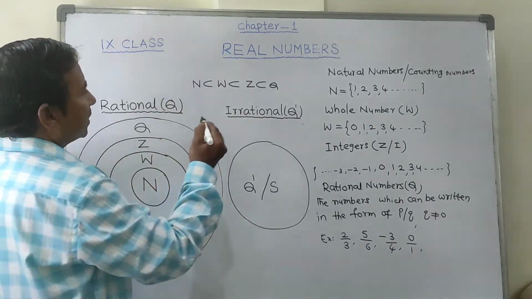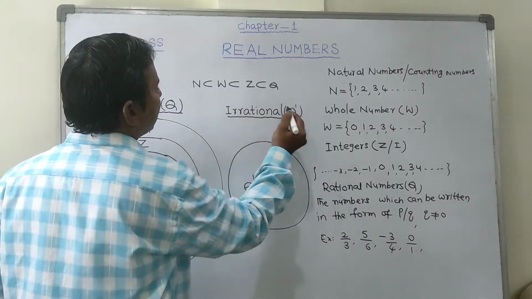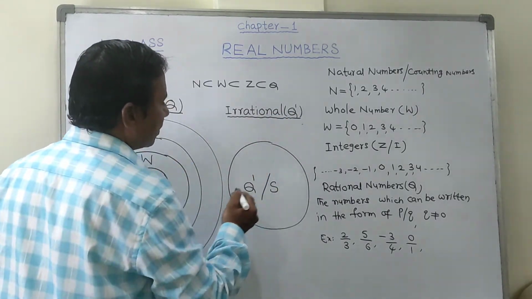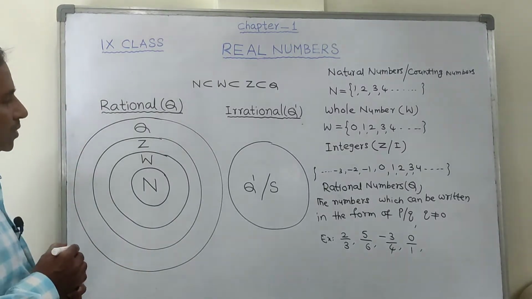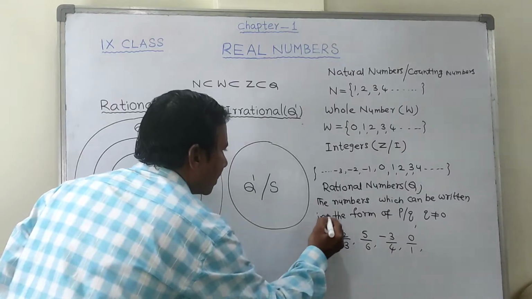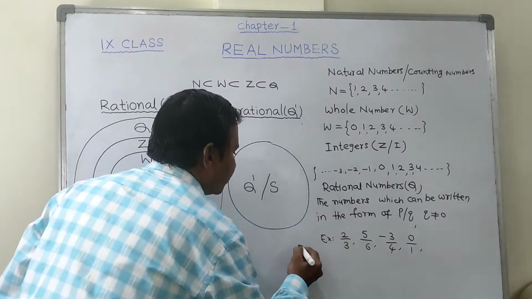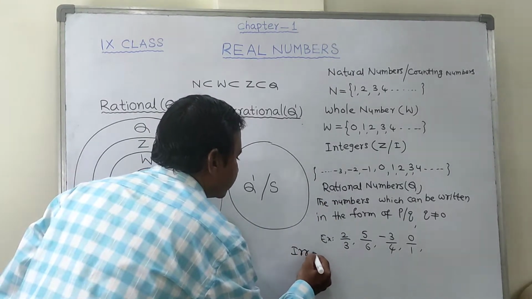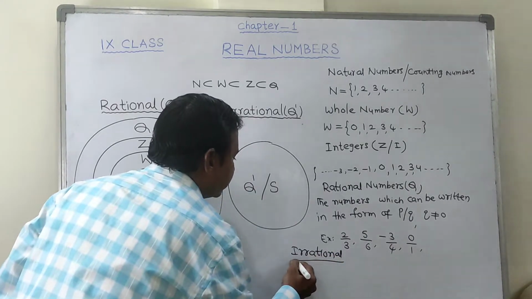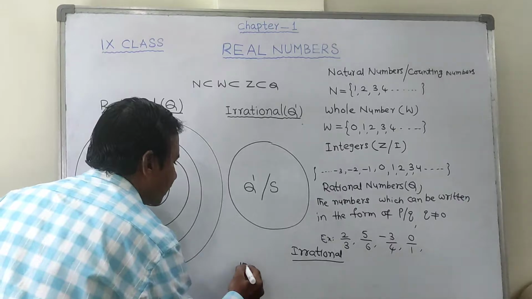Apart from that, let us consider another one, irrational numbers, represented with Q dash or S. So which are irrational numbers? Means the opposite of rational. How can you define them?